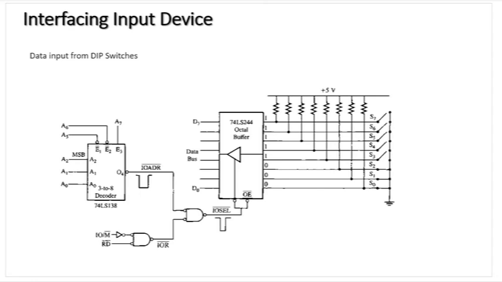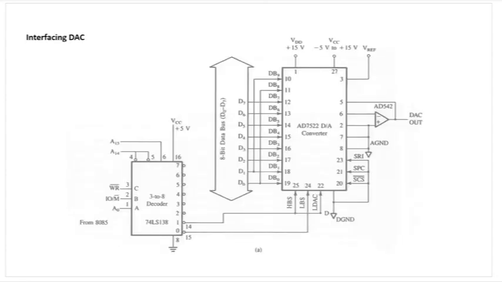Similarly, we can interface ADCs and DACs. Without going into the details, this is the circuit diagram for interfacing DACs. You can see again that a decoder is used for combining the various address lines with the control signals.